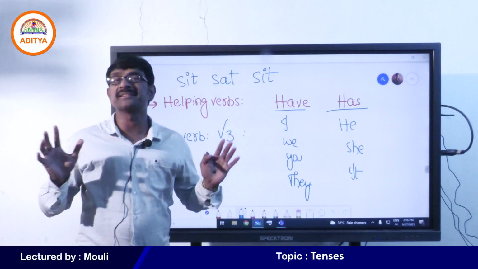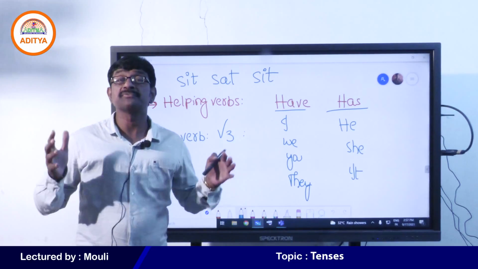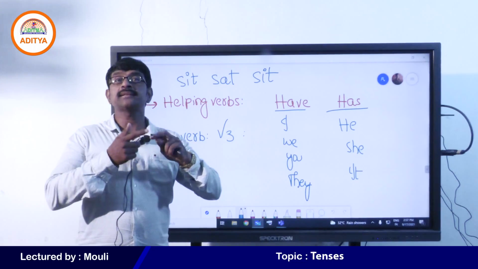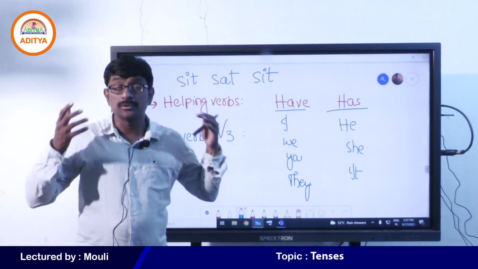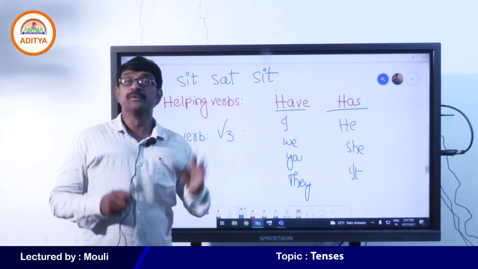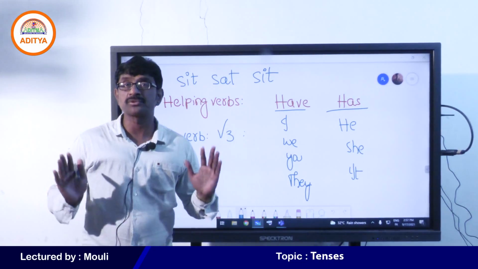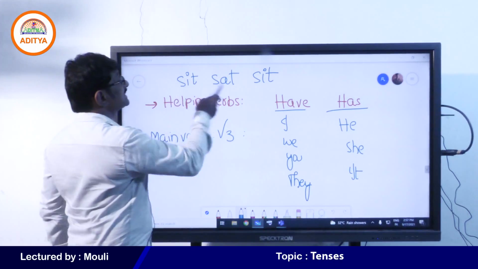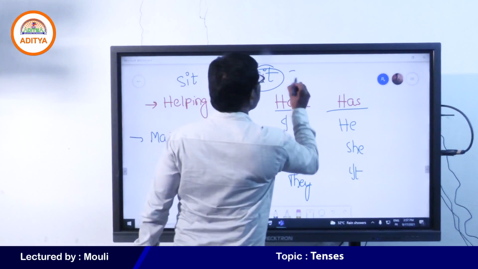Most of the people make the mistake. Many hundreds of thousands of people make this mistake. They say that sit, sat, sit. What is this? Are we pronouncing any rhymes here? No, we should be very much perfect in all aspects of grammar and vocabulary. Now look at this. Sit, sat, sit what? It is sit, sat, sat.